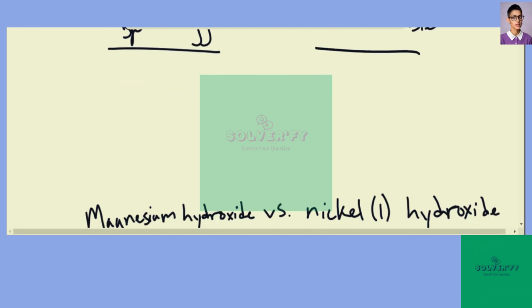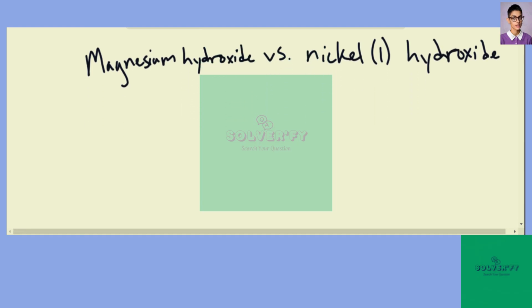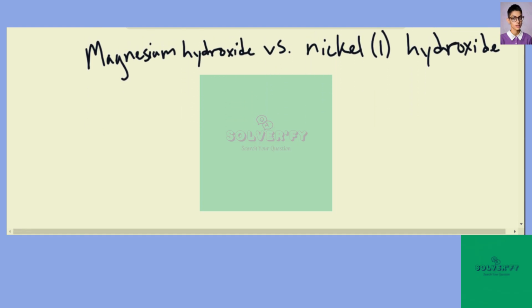So for part A, let's look at magnesium hydroxide versus nickel hydroxide. The KSP value for magnesium hydroxide, this is something you can just look up in the book or online, is 6.3 times 10 to the negative 10th.